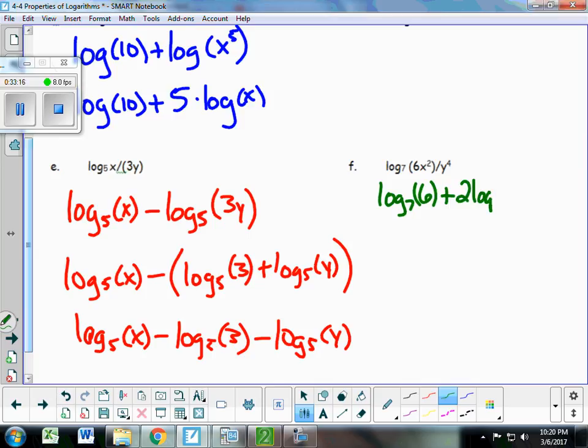So 2 times log base 7 of x, and then minus, because of the division, pull that 4 out in front, 4 log base 7 of y. Yeah, that's a y there.